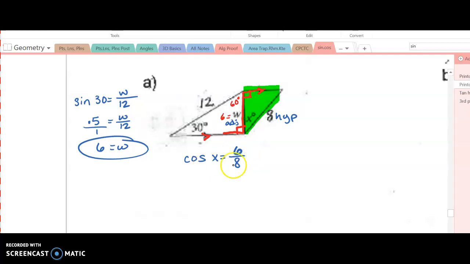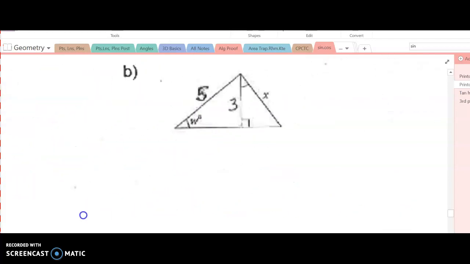So cosine x, since we don't know the angle, this is one of those where we will cos inverse. So second cosine button on our calculator, and I'm getting 41.4, so to the nearest degree, approximately 41 degrees. Okay, part B.